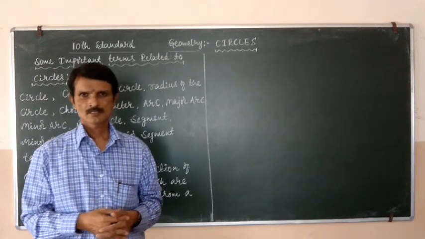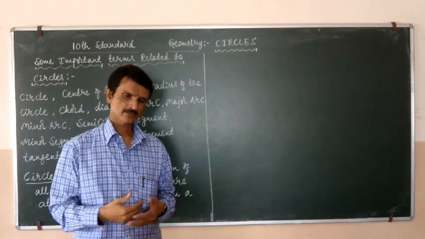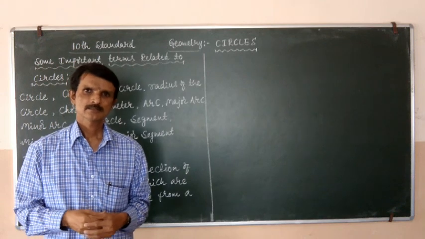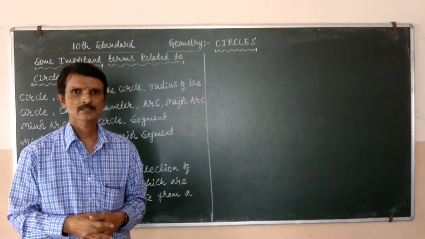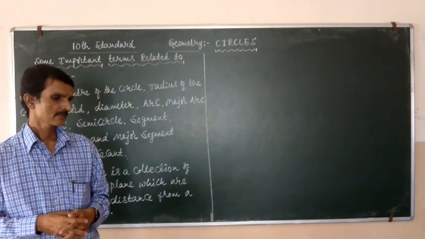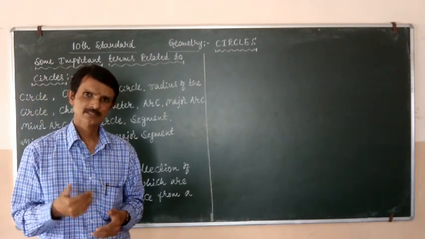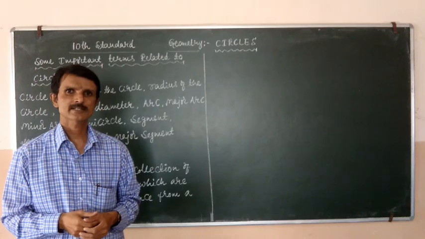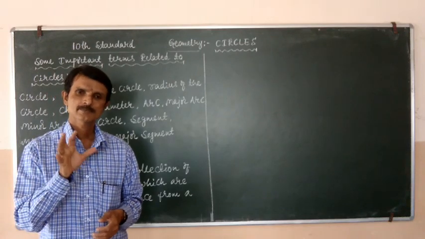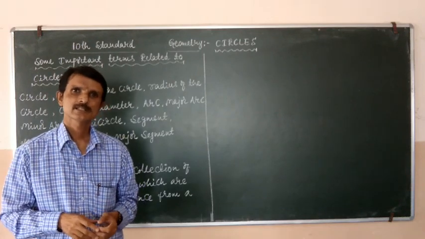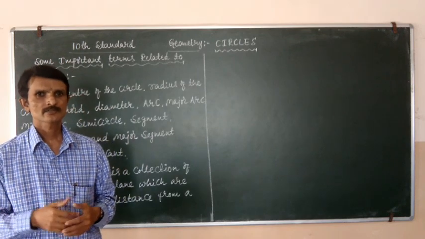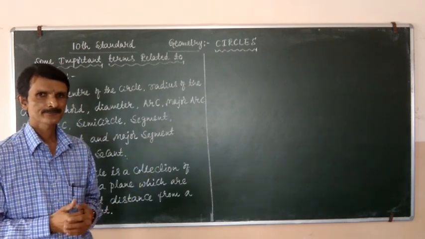Students, before going to study the chapter circle, we have already studied some basic concepts of the circle in the previous class, that is in the 9th standard. So we shall recall them.